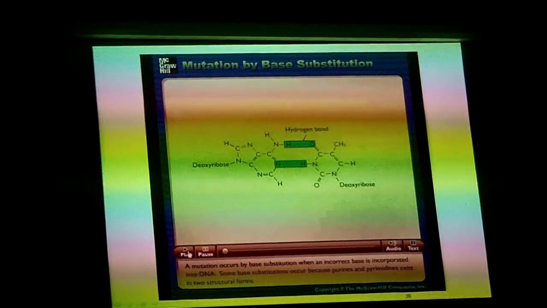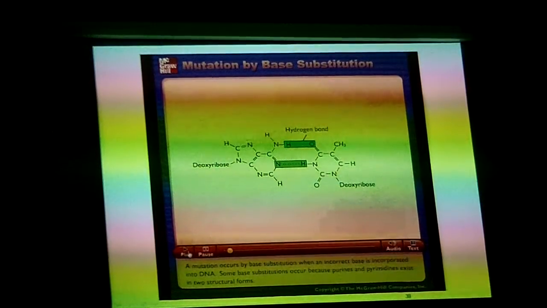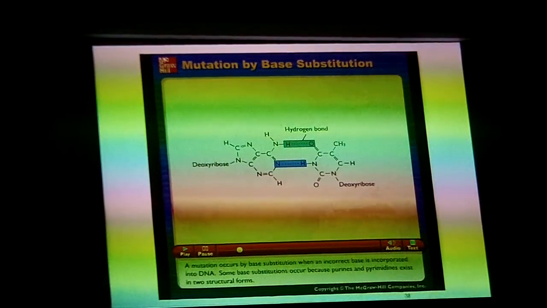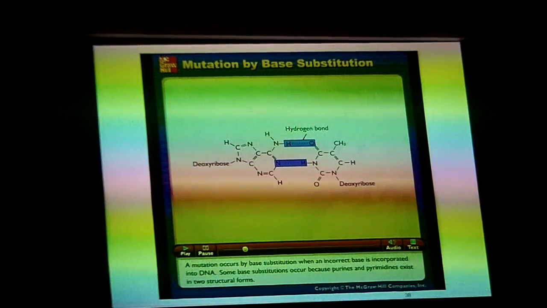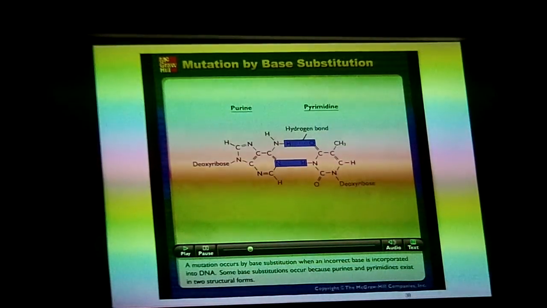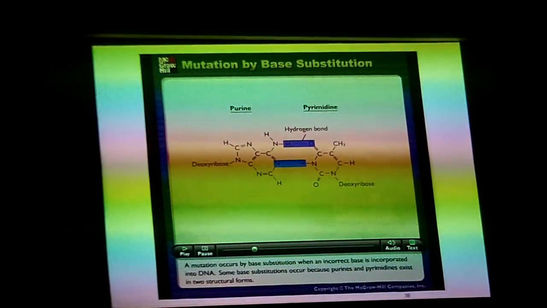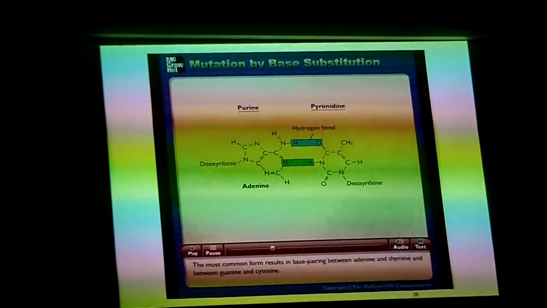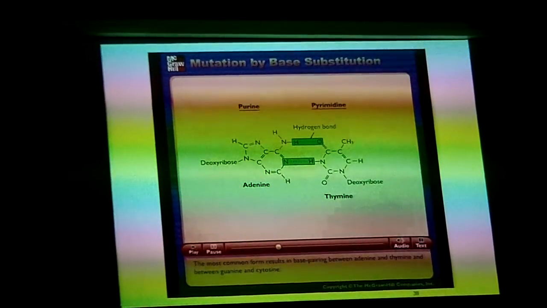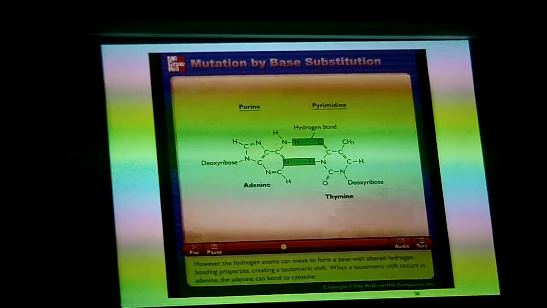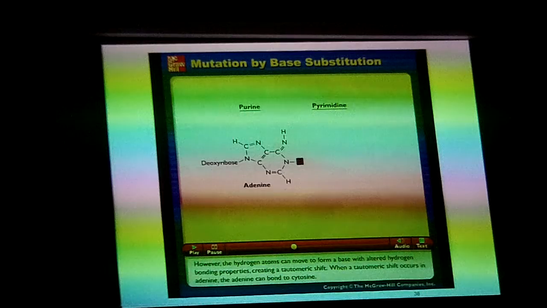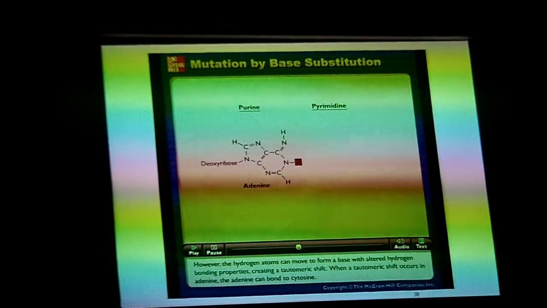Let's watch this video. A mutation occurs by base substitution when an incorrect base is incorporated into DNA. Some base substitutions occur because purines and pyrimidines exist in two structural forms. The most common form results in base pairing between adenine and thymine and between guanine and cytosine. However, the hydrogen atoms can move to form a base with altered hydrogen bonding properties, creating a tautomeric shift.